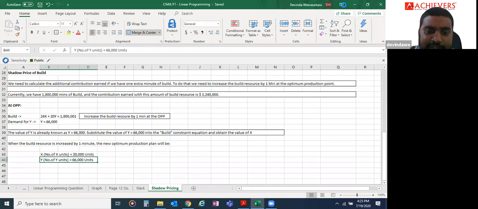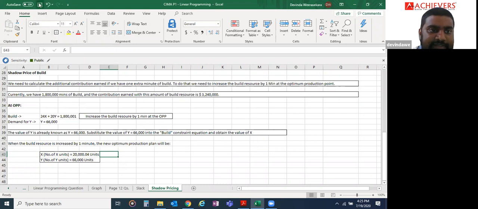So X is 20,000.04 units, right? And Y will still be 66,000 units. That will not change. Clear? Right.